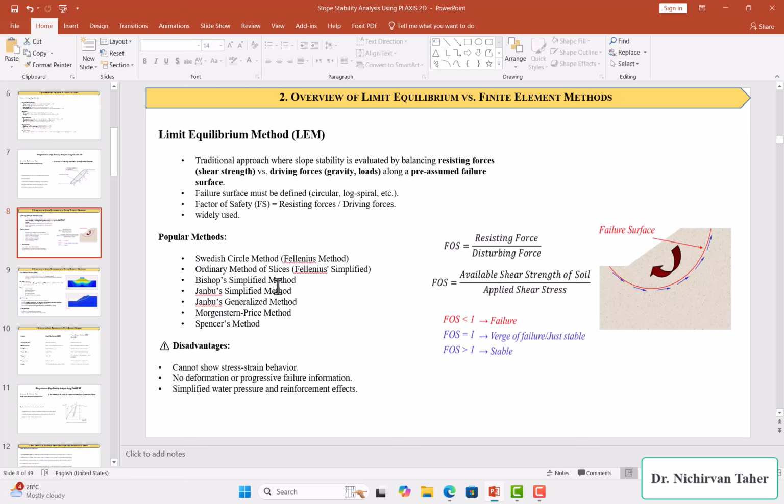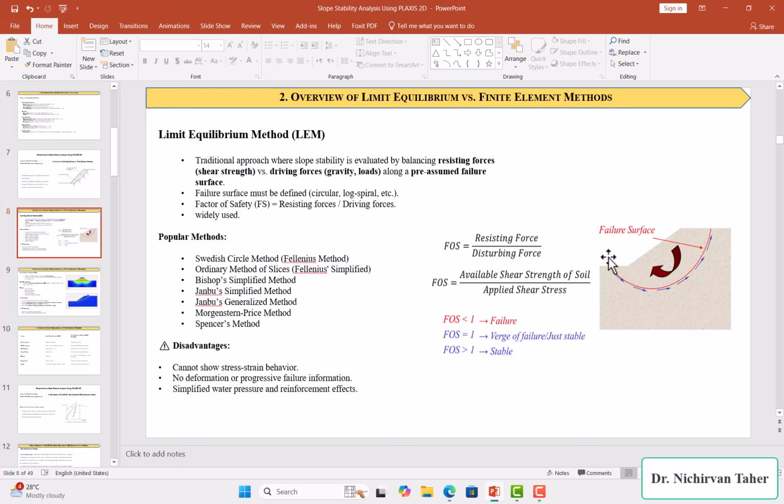Some of them are simple, and there are curves and charts that can easily be used to calculate the factor of safety for a slope. Also, there are many software packages based on limit equilibrium method, such as Geo5 and GeoStudio, which are commonly used to calculate the factor of safety of a slope.